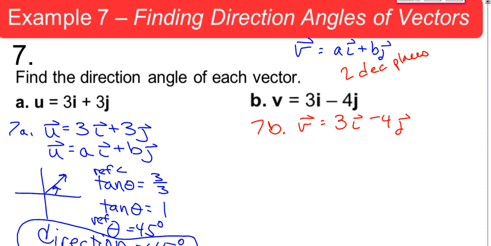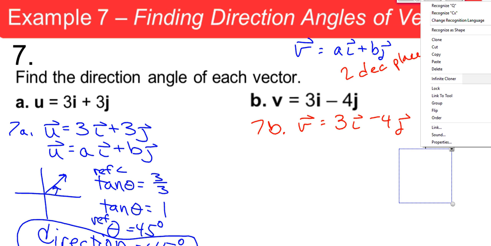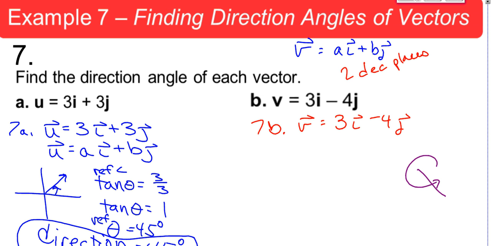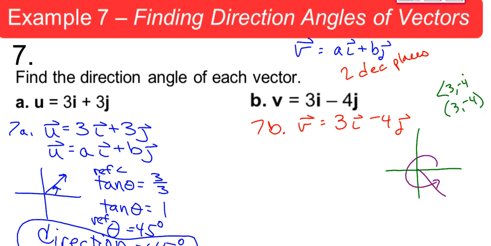Let's see if I can find any of my work here. Oh, here's something that I wrote down. So if I put my axis here and I kind of plot in my head this point (3, -4), which is the component form of this vector, if I go out 3 and down 4, my scale isn't good, but I'm going to end up in this quadrant.